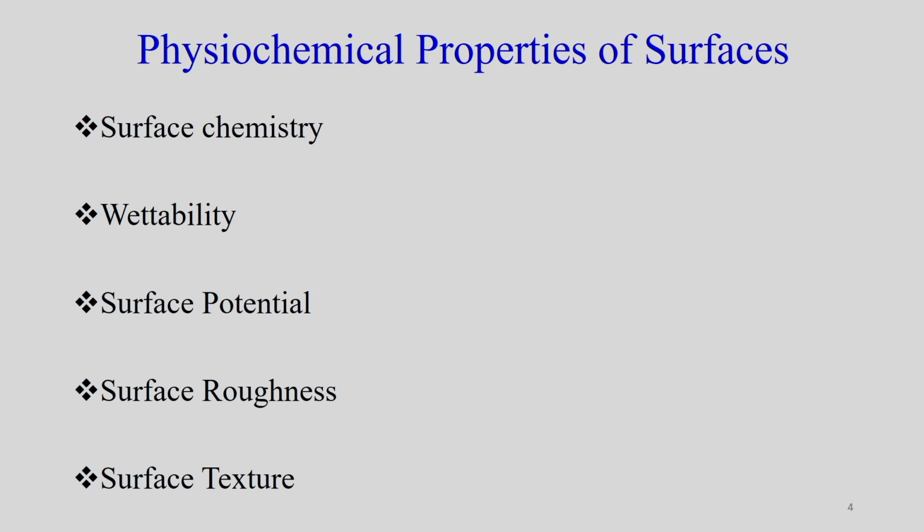So, what are the physiochemical factors of the surfaces which we are going to tune by the surface modifications? The first is the surface chemistry. It will depend on the coating material or the coating agent we are going to use, that is going to regulate the surface chemistry, the coating agent and its composition.